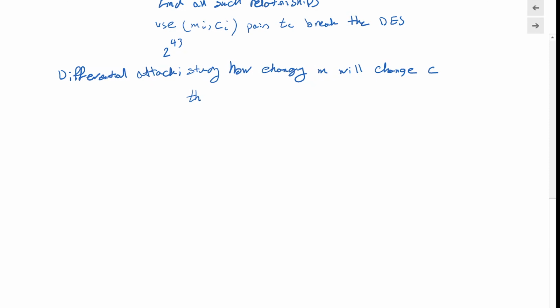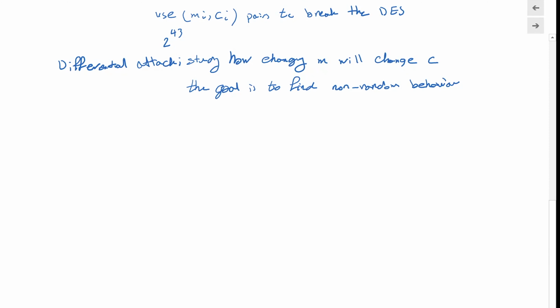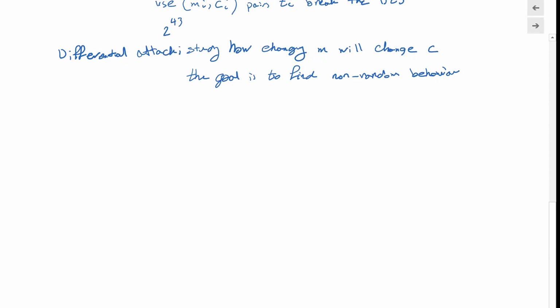That means that the goal is to find non-random behavior, right? So the best algorithm that uses this idea to break the DES needs 2 to the power 47 chosen plaintexts to break the DES, right?